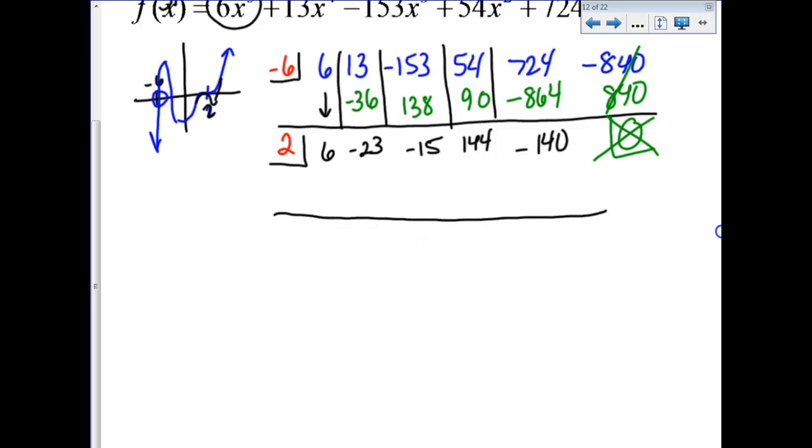Here we go. Bringing down the 6. Oh boy. Let's see if I can do a little mental math here. -23 plus 12 is -11. Okay. And then -11 times 2 is -22. -15 plus -22 is -37. -37 times 2 is -74.